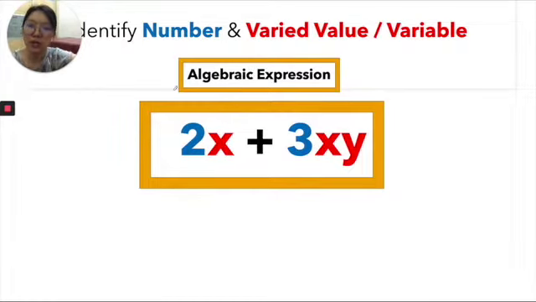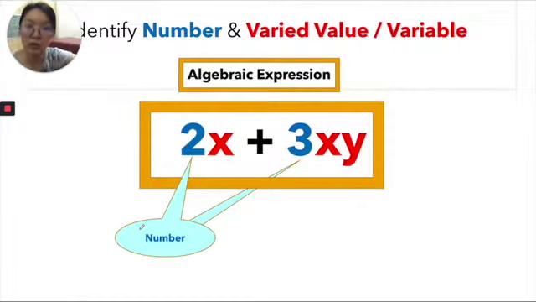So first, let's identify the number and value or variable in this algebraic expression. As we know, the algebraic expression means 2x plus 3xy. So what is the number here? Number means 2 and 3.